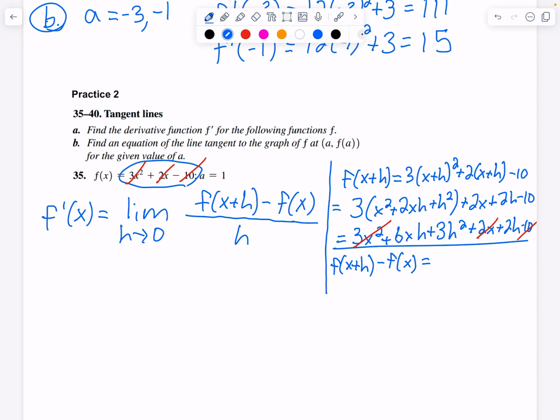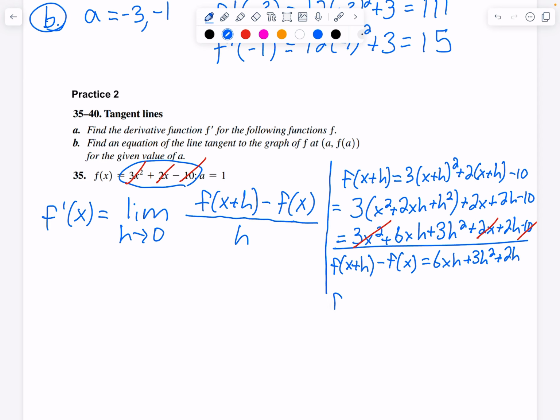And I'm going to be left with 6xh plus 3h squared plus 2h. So the multiplying is kind of annoying, but the more you do it, it's going to become faster, and you'll get through these problems really quick if you just put some reps underneath you.